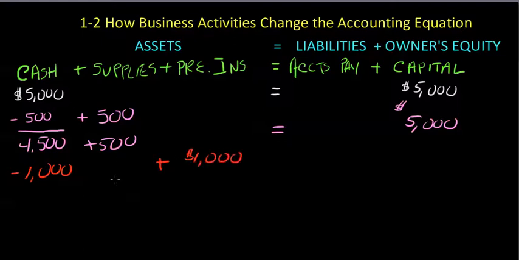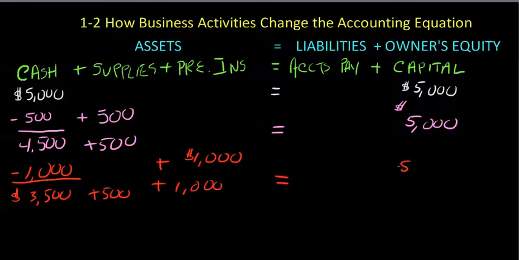That transaction balances. It wipes each other out, a minus $1,000 and a plus $1,000. So where are our balances now? We now have $3,500 in cash, plus $500 in supplies, plus $1,000 in insurance. That adds up to $5,000, and it still equals the $5,000 that the owner originally put in to the business.